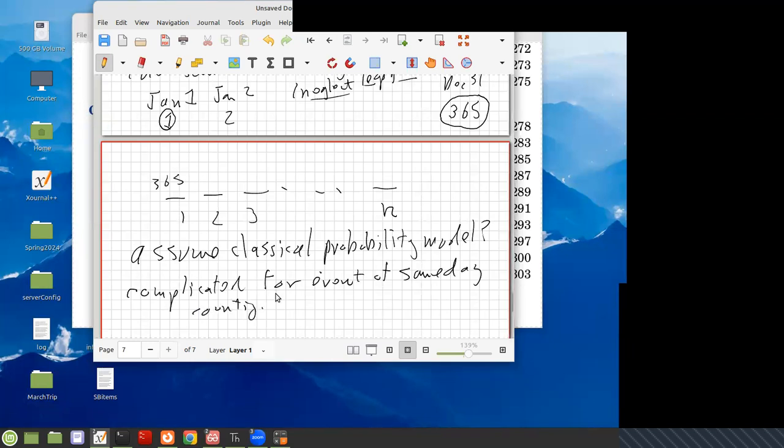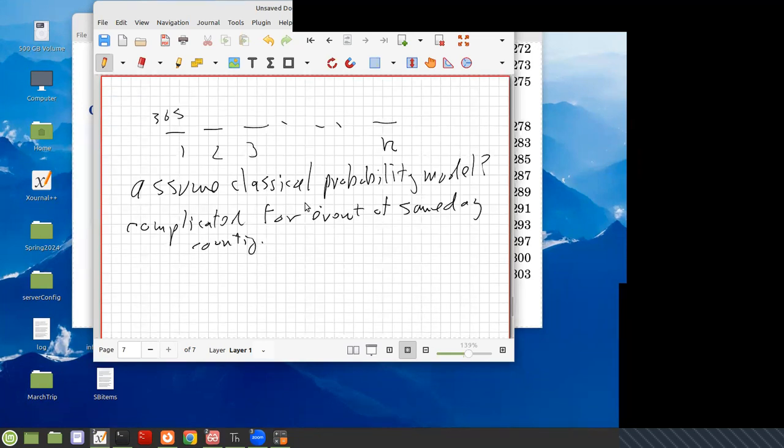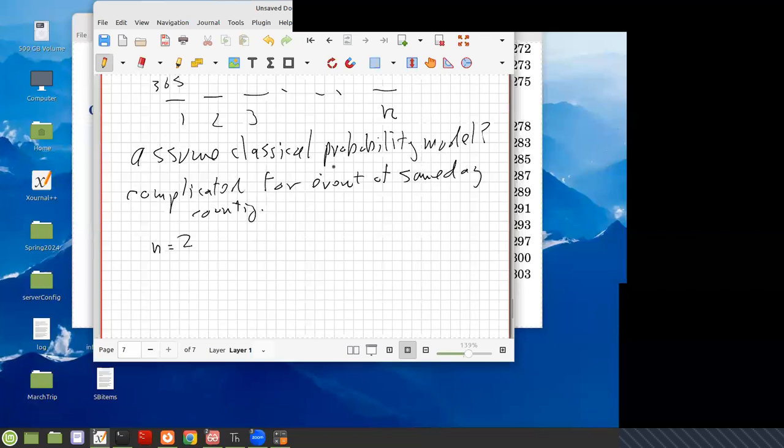Okay, and you can also look at a special case. What if n was 2, right? Just as a warm up to see if I have n as a small number. Well, we want to know what the sample space size is, right?